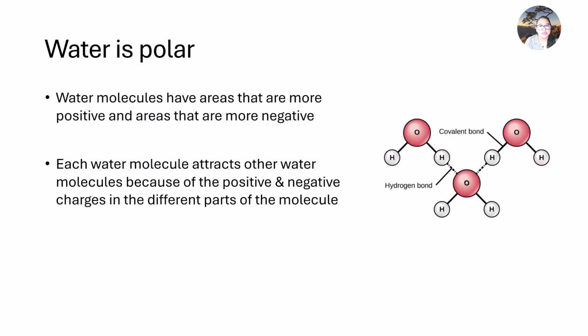So water is polar. The molecule has areas that are more positive and areas that are more negative, and that characteristic of one water molecule affects how it interacts with other molecules, including other water molecules. Each water molecule attracts other water molecules because the positive area of one water molecule, where the hydrogens are, is attracted to the negative charges on another molecule.